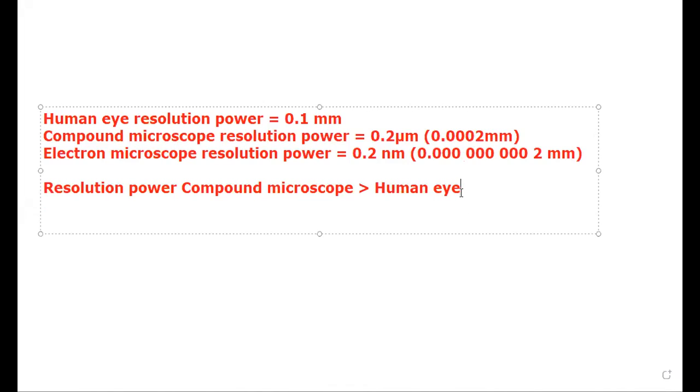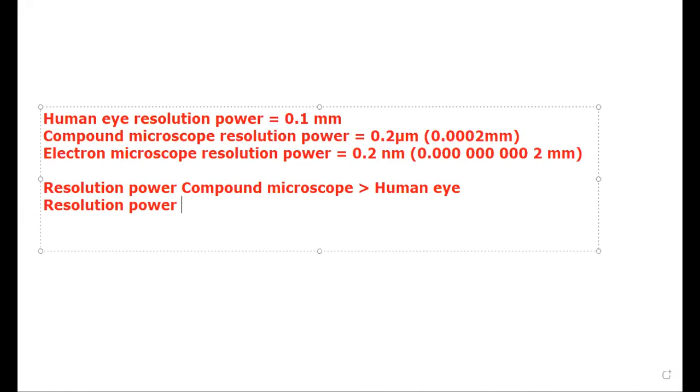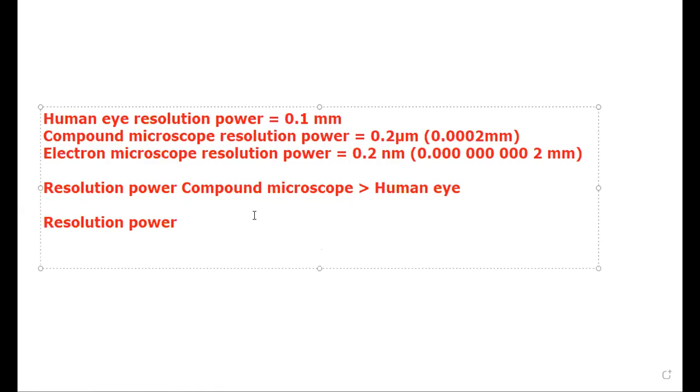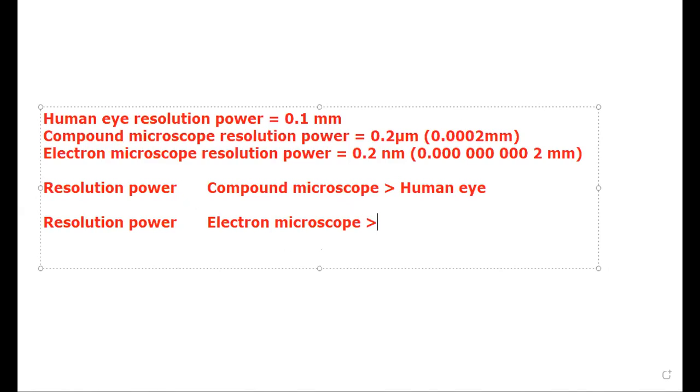Now think, between the compound microscope and the electron microscope, whose resolution power is high? Electron microscope. So you should not think this is a small value, no. It is a small value, and that much small value it clearly shows you. So the power is high. Understood?